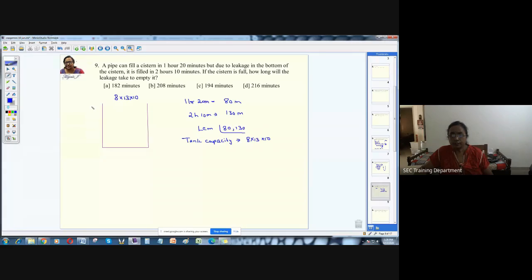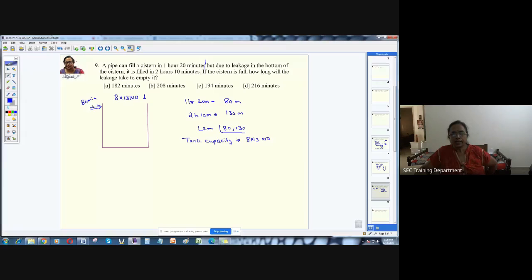And now what is given here? Pipe can fill in 80 minutes. Forget about the next sentence, I'll take only this sentence. So there is a pipe here, that is the inlet pipe, and that can fill in 80 minutes. And this I'll consider as some units, liters.